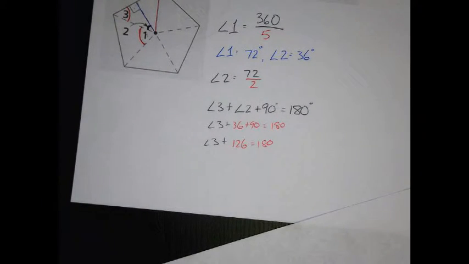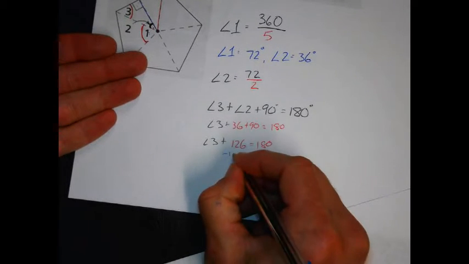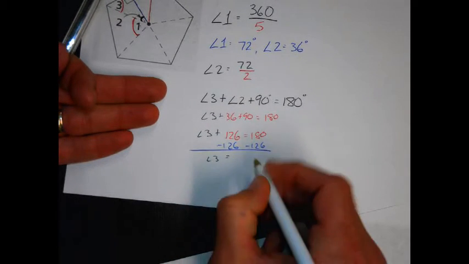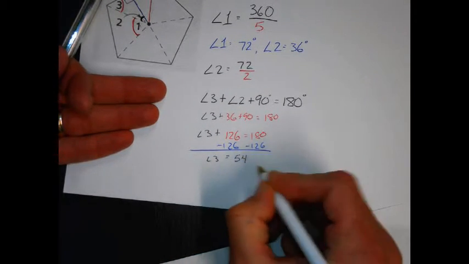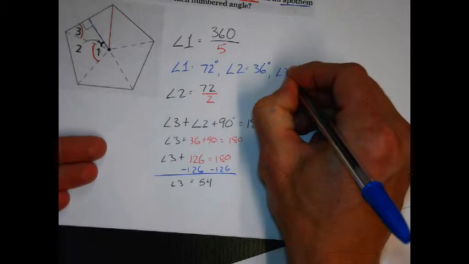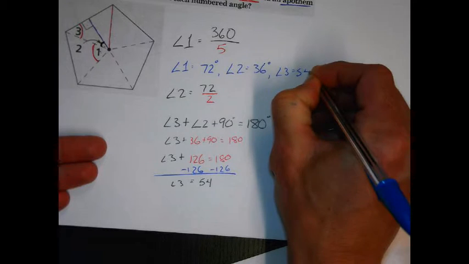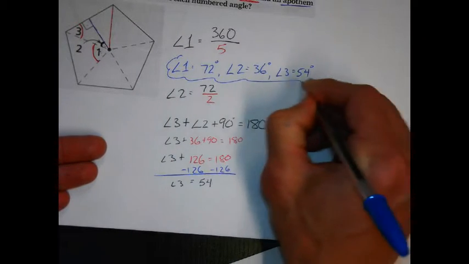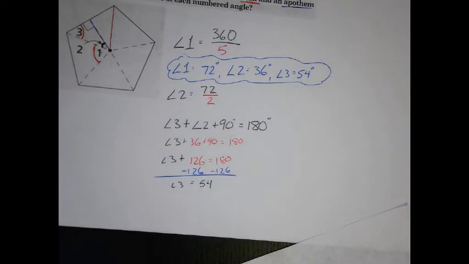So we found out that angle 3 is going to be 54. So the measure of angle 3 now is 54 degrees. So we have now worked our way around angle measures. That's how the apothem works, that's how the radius works.